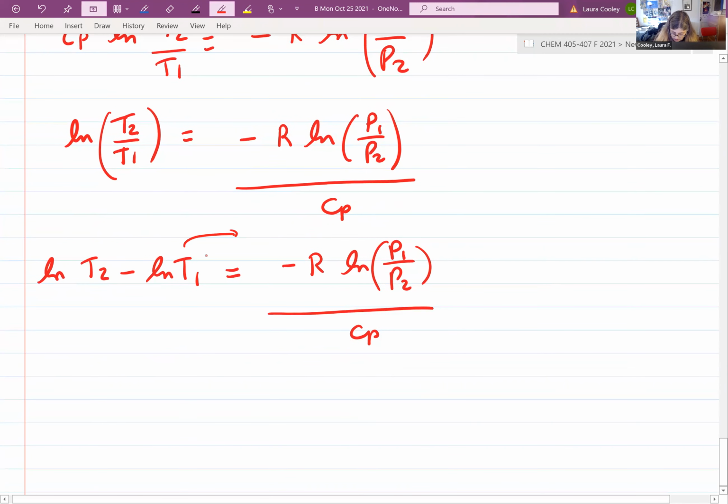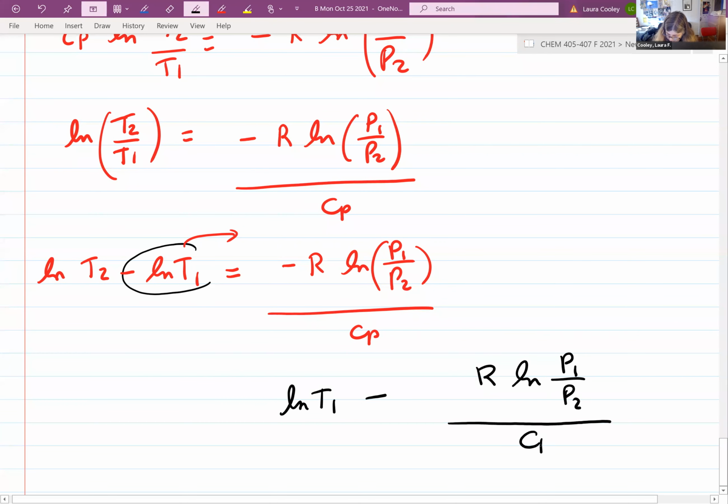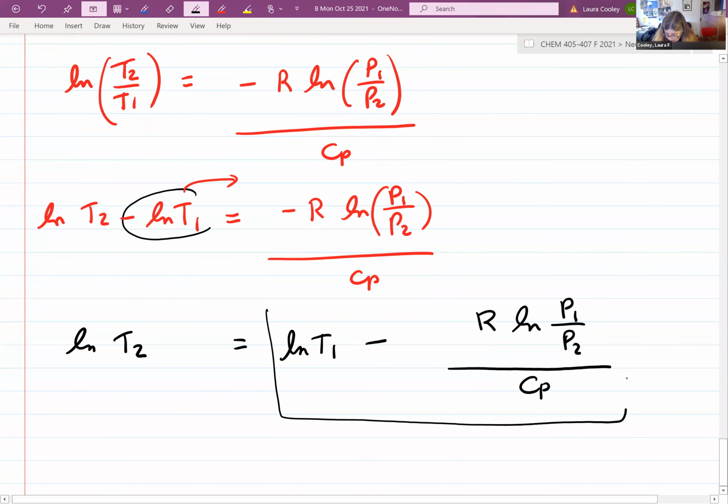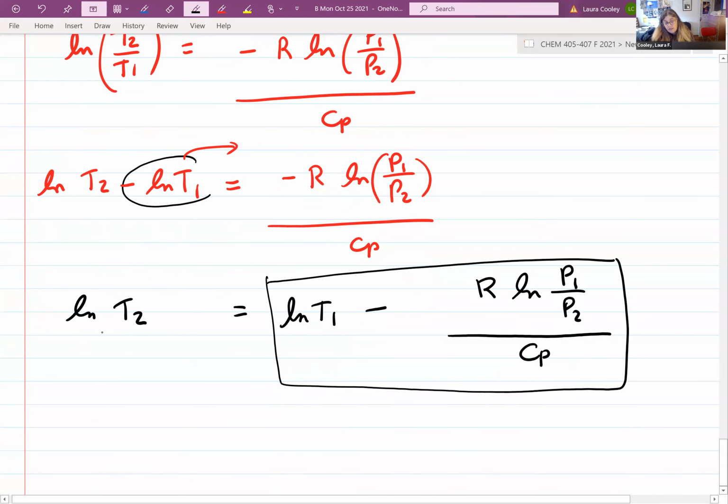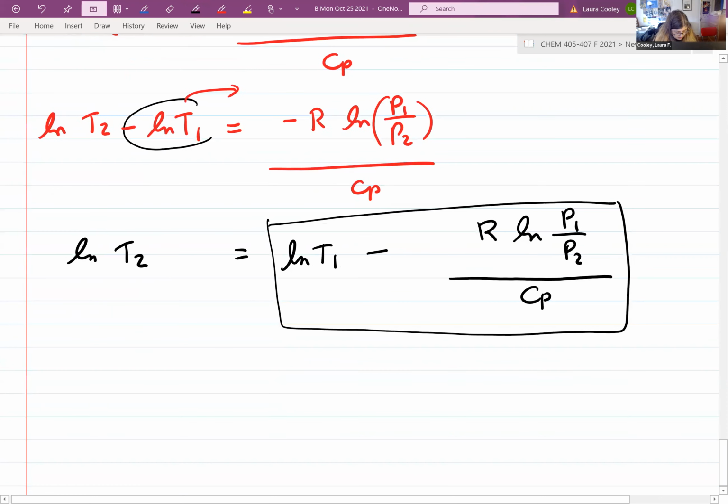Now I'm going to move this to the other side, and I'll have natural log of T1 minus R log P1 over P2 divided by CP is the natural log of T2. So if I calculate this, that is the natural log of T2. And so I'm going to have to take e to that number to get T2.